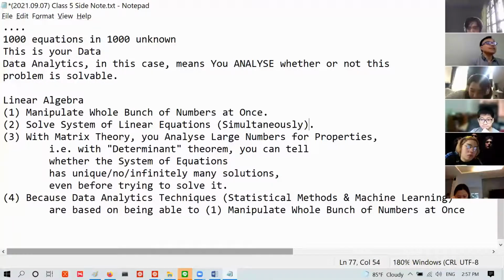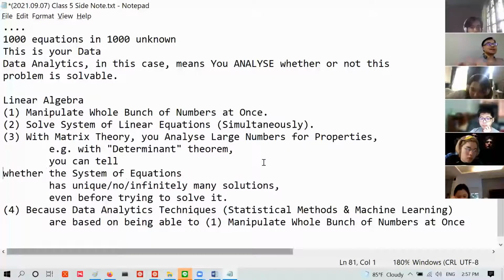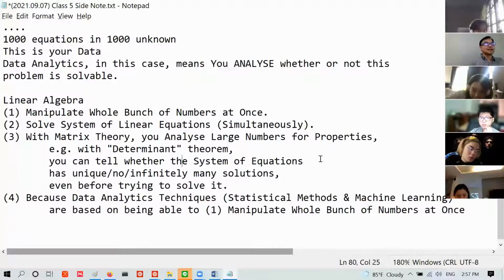With matrix theory, you can also analyze large data for properties. In particular, with the determinant theorem, you can tell whether the system in front of you has unique, no, or infinitely many solutions even before you attempt to solve it.